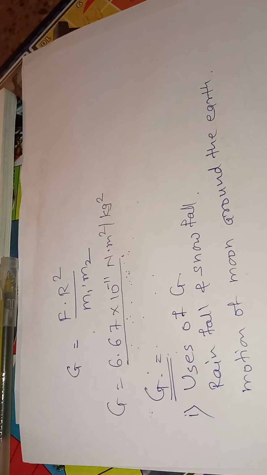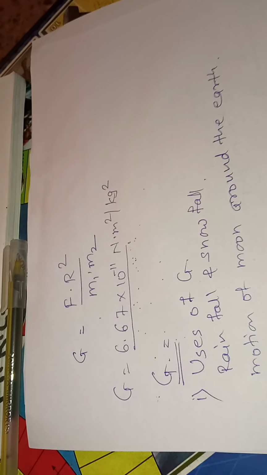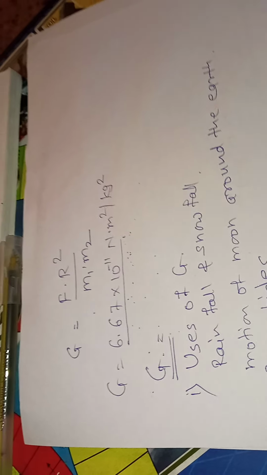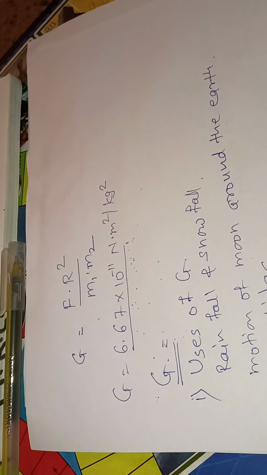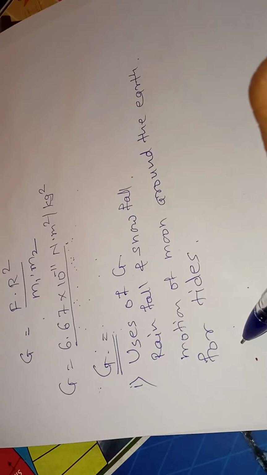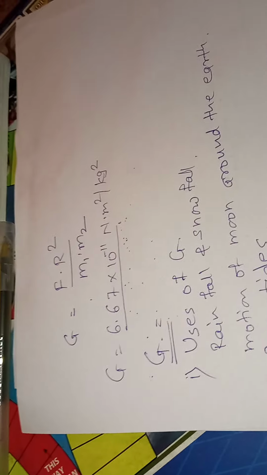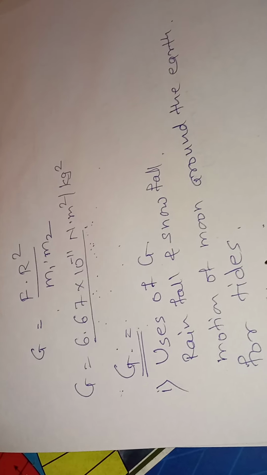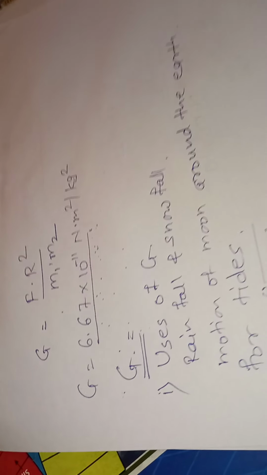It is also useful for the occurrence of tides. It is used for the atmosphere on the earth. It is also useful for the existence of the solar system. Okay, these are the importance of the universal constant G, or the universal law of gravitation.